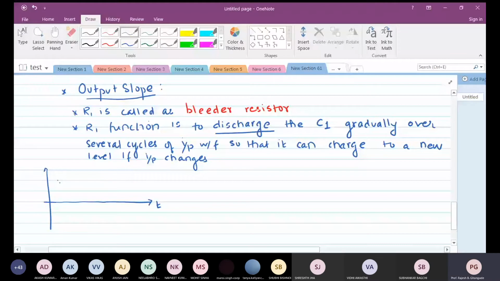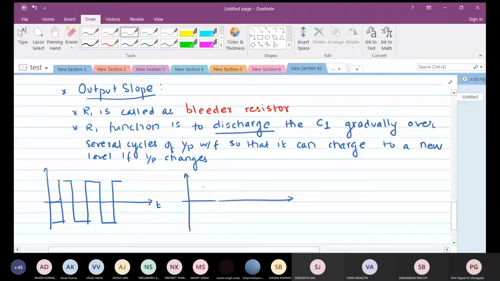But if the voltage level changes over time, what will happen?